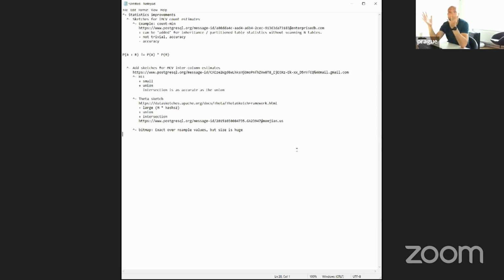Which is what we need to estimate selectivities of AND and OR clauses. And Tomas, as I understand it, you don't need the TID. It's just that the first bit is the first row we sampled. We don't really care where it is, right? Yes, the TID is just a way to get unique values for each row.